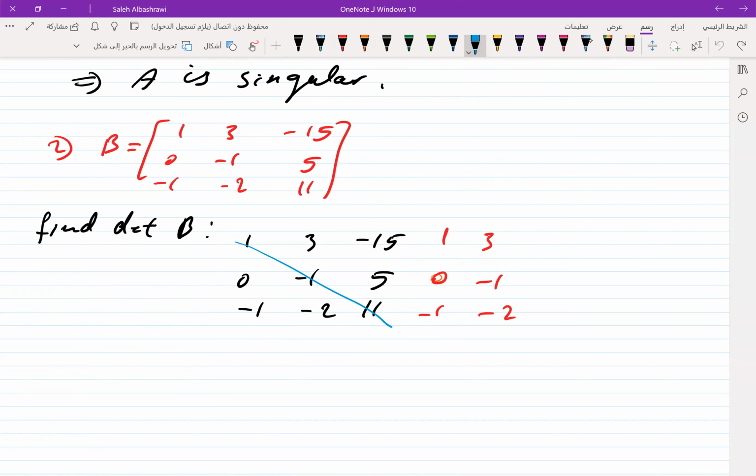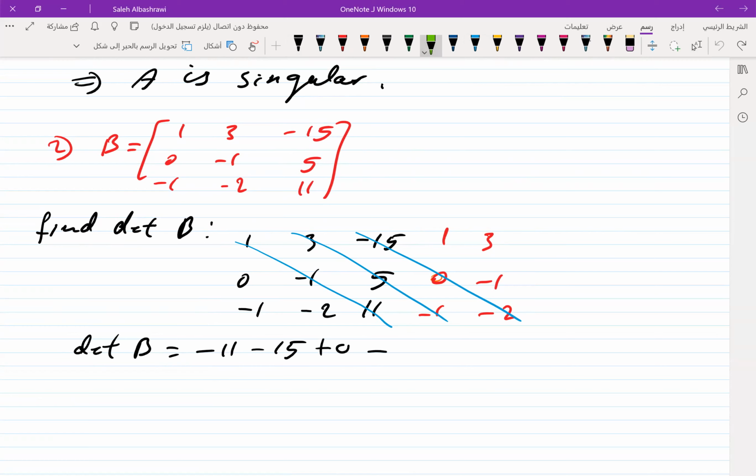So this is positive. The determinant is equal to, the first one will be minus 11. Second one, minus 15. Then 0.